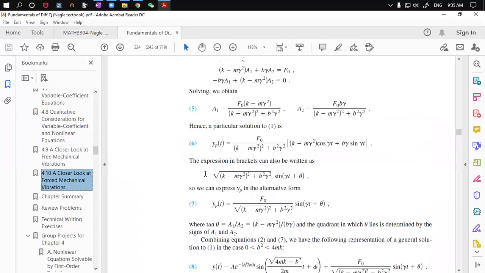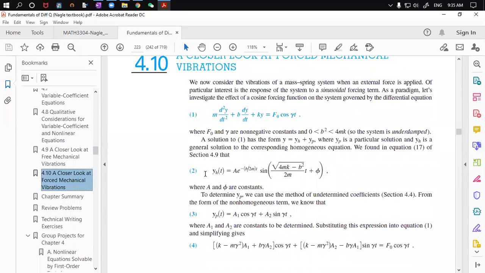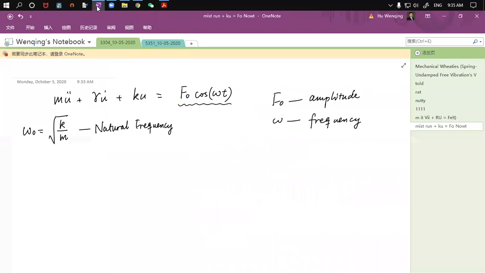This problem can actually be solved. There's a procedure for solving this equation, and I will not repeat it in this lecture, but I would like to remind you that you can solve it by first considering the so-called complementary equation.